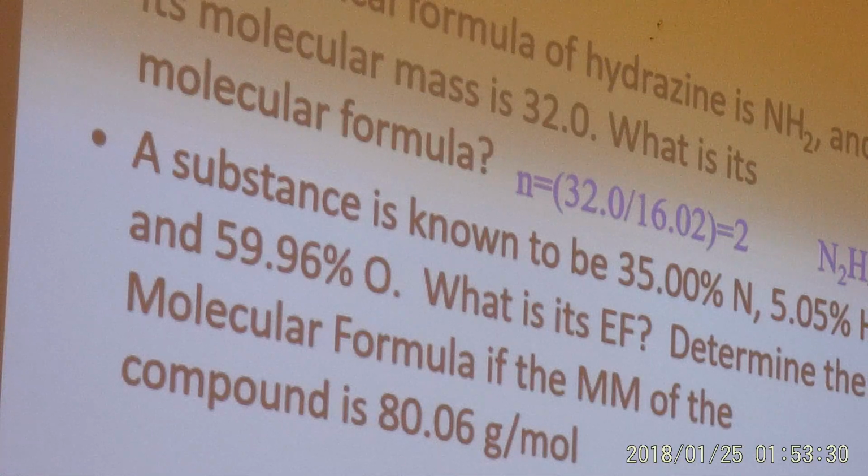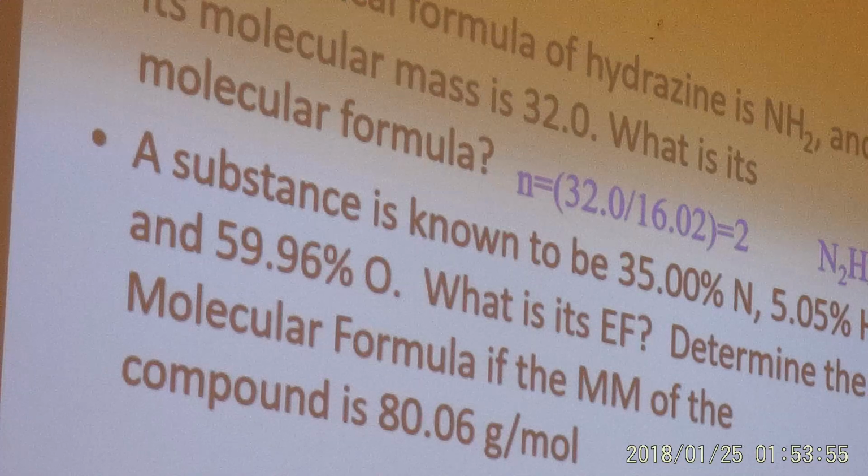We need to start with some information here, right? It says 35% nitrogen. You see that? 35%? And you know what percent means? What's percent mean? Percent means out of 100.